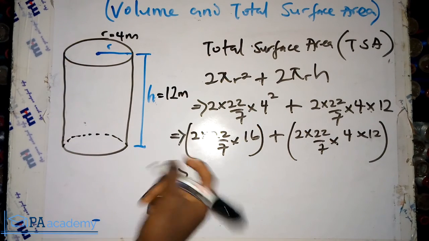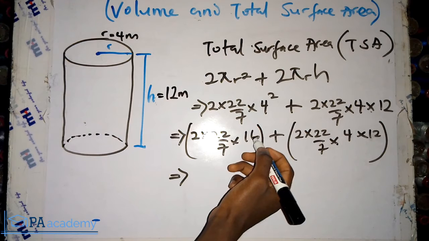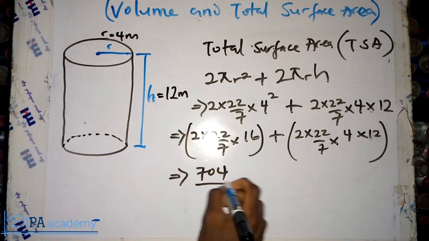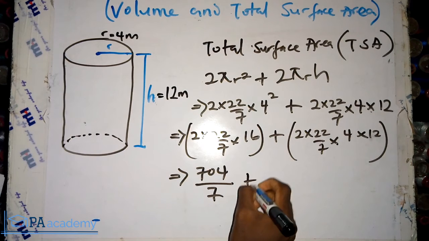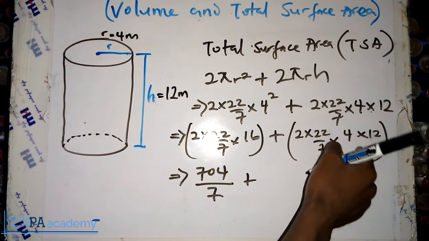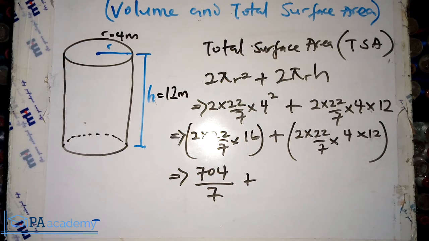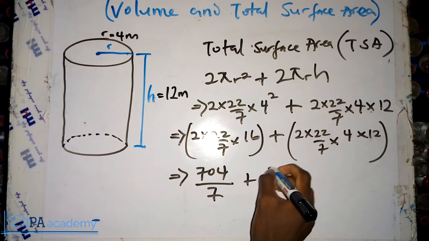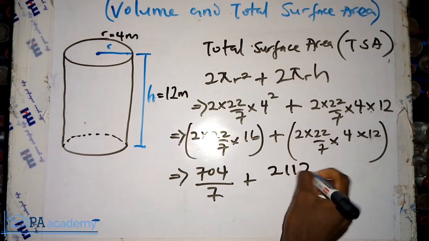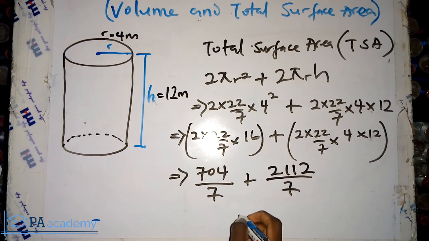So 2 times 22 times 16 will give us 704/7, plus, if you multiply 2 times 22 times 4 times 12, that will give us 2112 over 7.